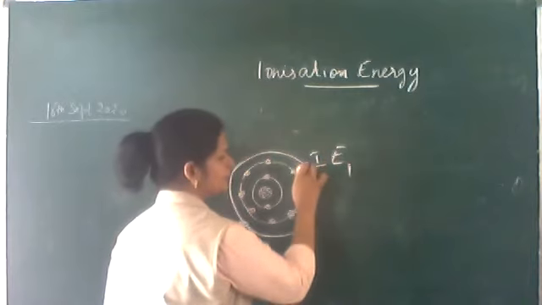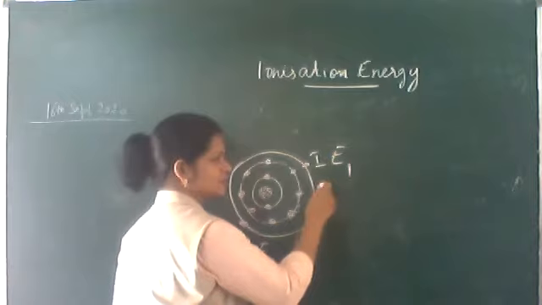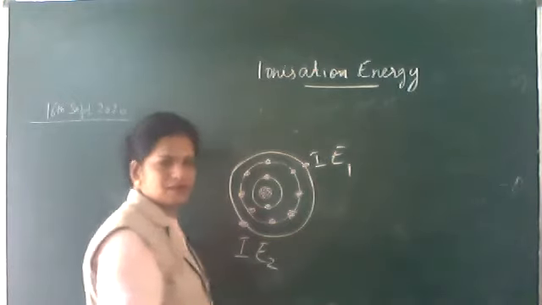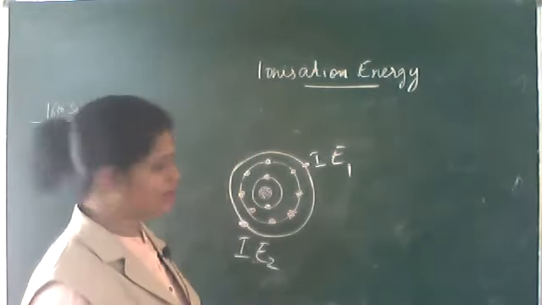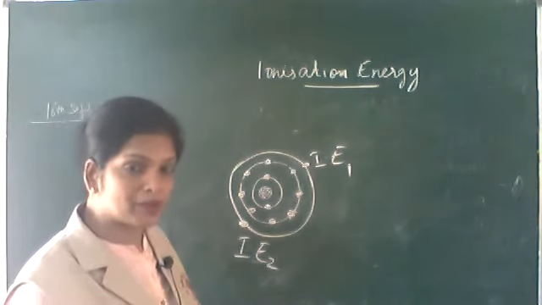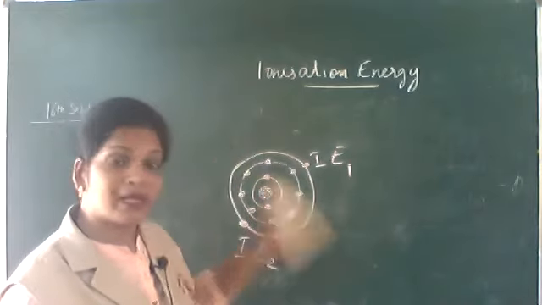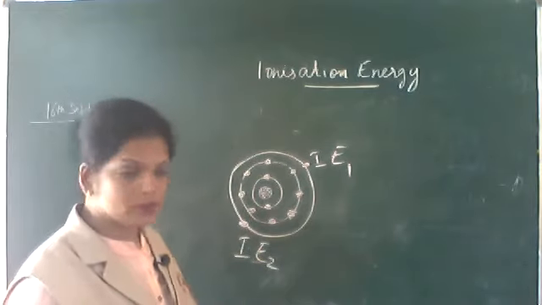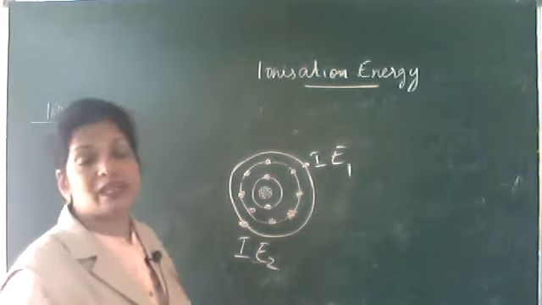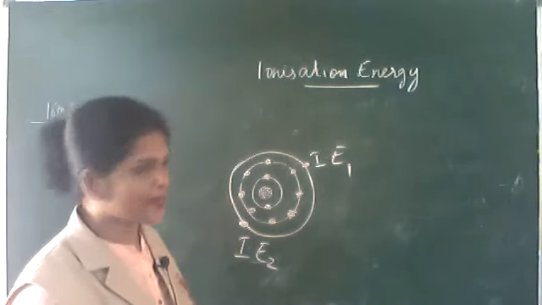By giving I-E1, we removed this electron, and magnesium is not happy with that. But when it comes to the second electron, magnesium will become happier because after the removal of the second electron, magnesium will attain octet stability. So I-E2 is very less as compared to I-E1 in the case of magnesium.